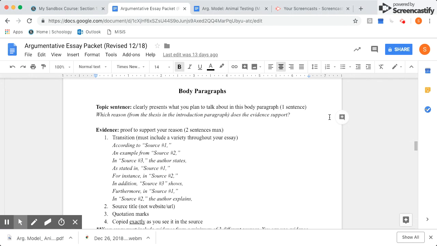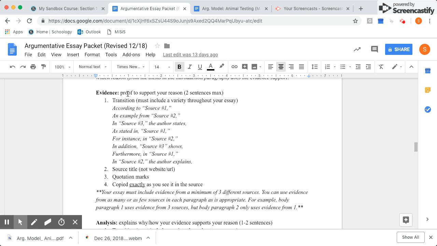Your topic sentence may include your claim. It doesn't have to, but I'll address that when I get to the example. It should be no more than 1 sentence. There's no exceptions. It's 1 sentence. But you will mention the topic. So in the example that we've been using on animal testing, it should say something about animal testing and then just the reason.